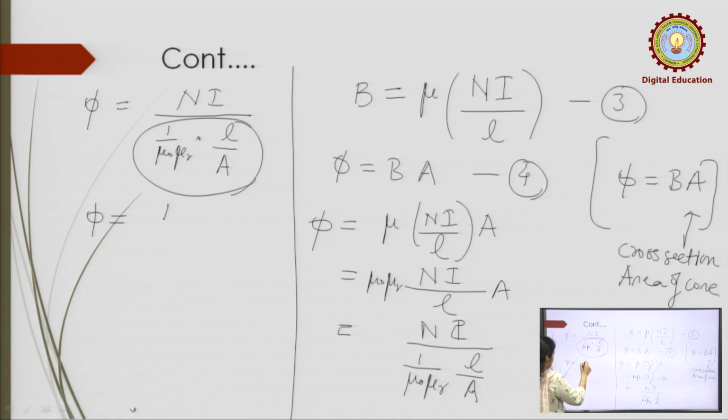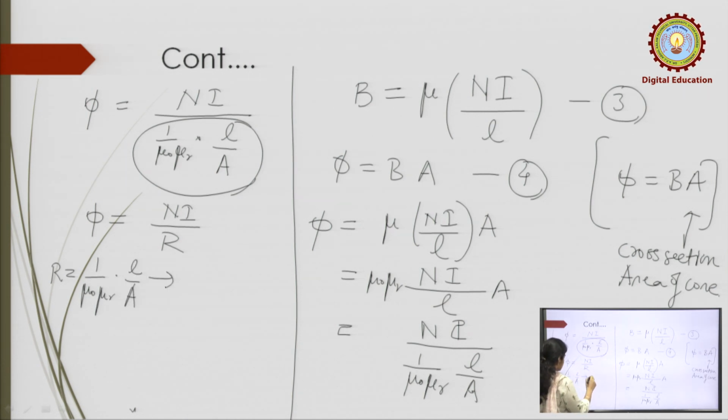It can be represented as N I by R, where R is the reluctance, equal to 1 upon mu 0 mu r into L by A.